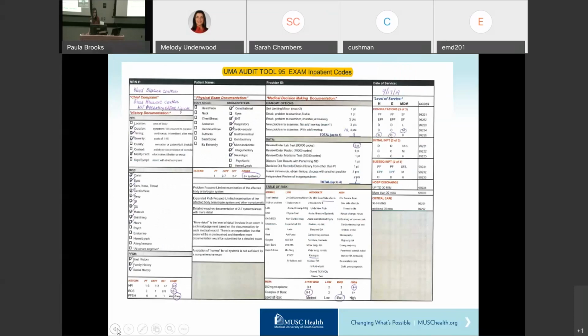So with this consult, again, the history is comprehensive, the exam is comprehensive, and the medical decision making is moderate. Remember, this is like an initial. You have to have 3 of the 3. So this would be a 99254.